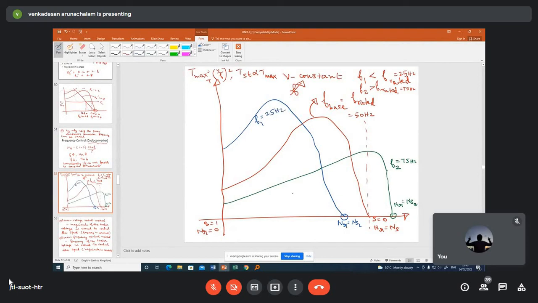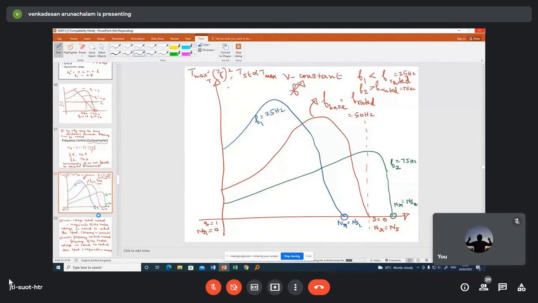Okay. So this is the torque slip characteristic we will get when you vary the frequency by keeping the voltage constant. Right? So here, what you can observe is that the maximum torque keeps on changing. That is the first observation. So what is the inference?